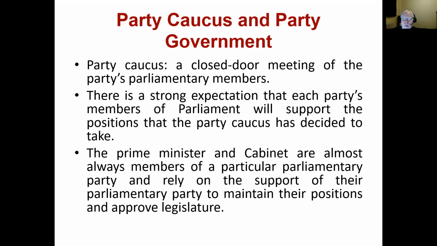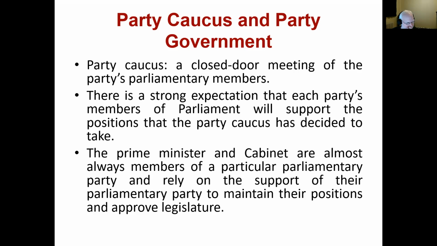Now, there are some times where someone was elected as a Liberal MP, but will change sides and sit with the Conservative caucus or with the New Democrat caucus or whatnot. Some may get elected, say, as a Conservative and sit as an independent, so not caucus with anyone. Those can happen.